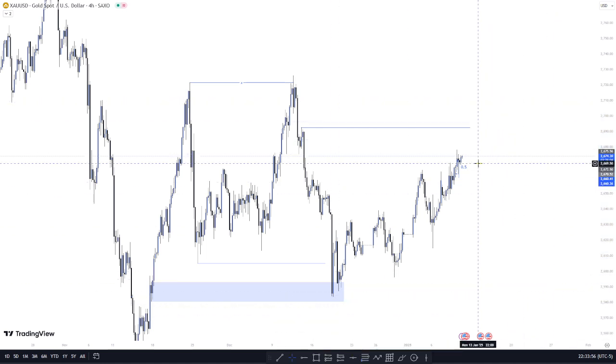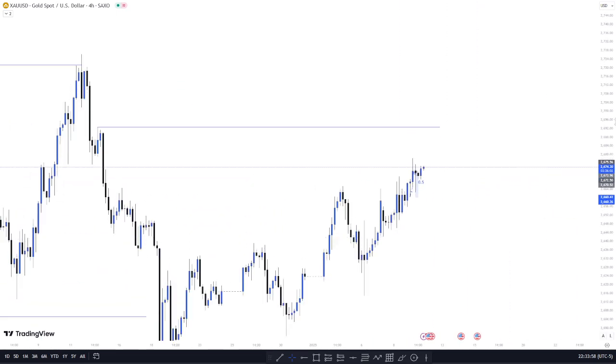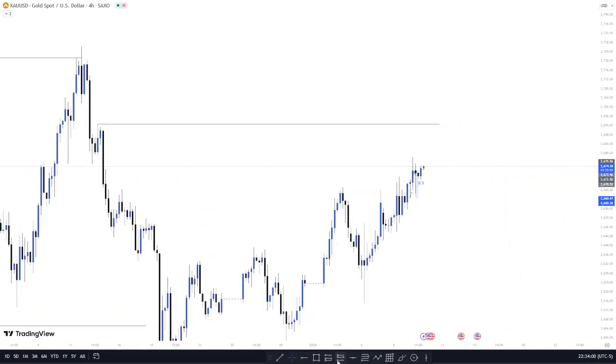So I had my bias here, and for the day I was bearish because we had this 4 hour imbalance right here, which it tapped.